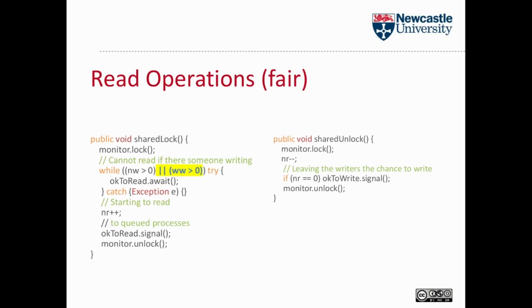And you see, I'm adding extra priority because I'm not waiting on a condition which is just a correctness assumption, but I'm doing something extra, and that something extra prioritizes the writers. So that is another way to put that.